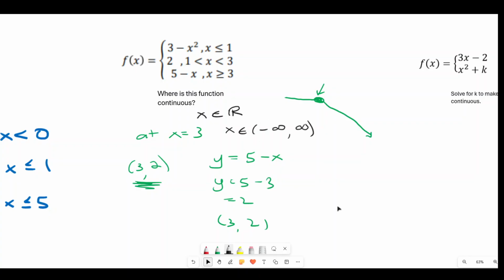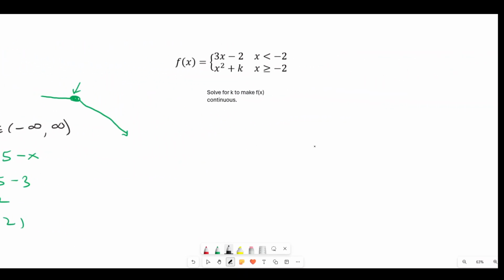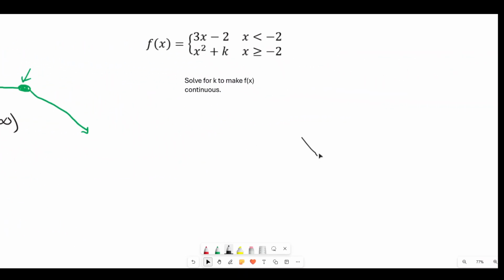And then here's a similar or related question about continuity, which is: solve for k to make f continuous. So I want this to be a continuous function. If I examine, first of all, this rule, that is a straight line, it is continuous everywhere. This is a parabola. Now there's an addition of some number, or it could be subtraction.